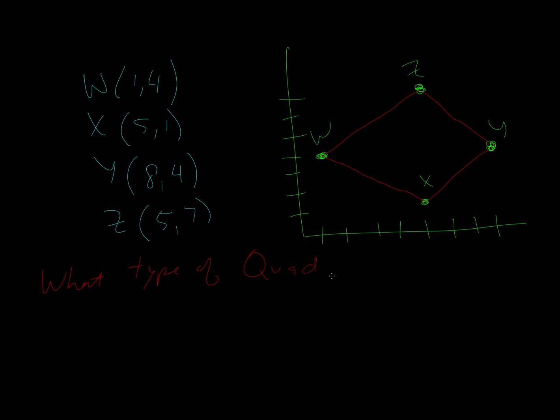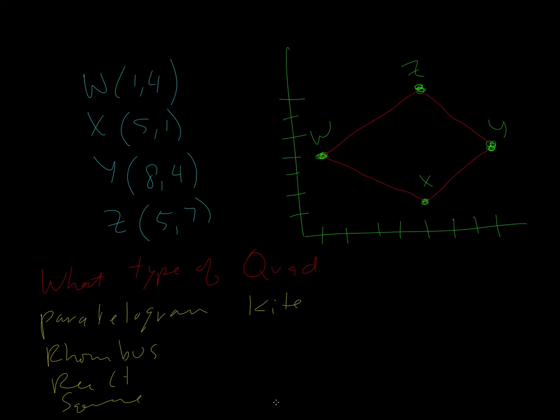To figure out what type of quadrilateral this is, I would start with sides. So really our choices are parallelogram, so we'd have to prove that the sides are parallel, rhombus, rectangle, square, maybe a kite, or possibly just a quadrilateral, like none of the above.